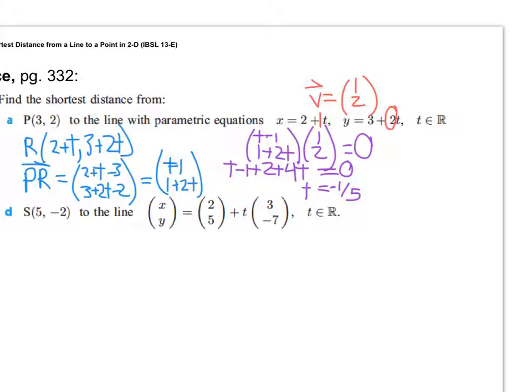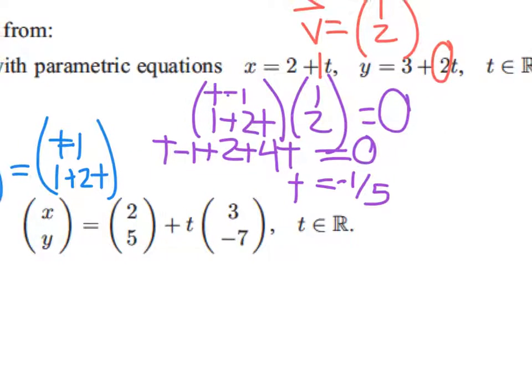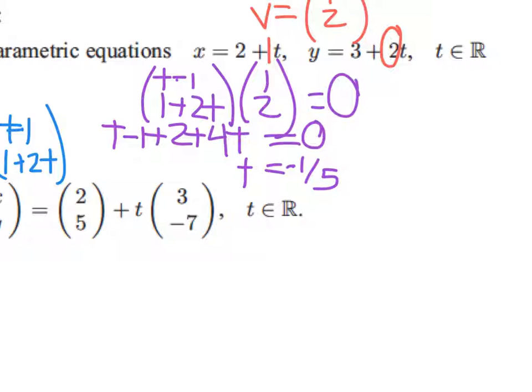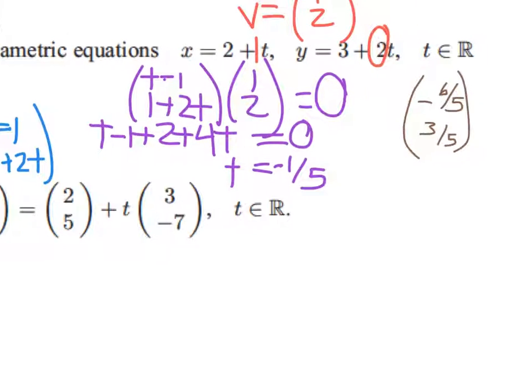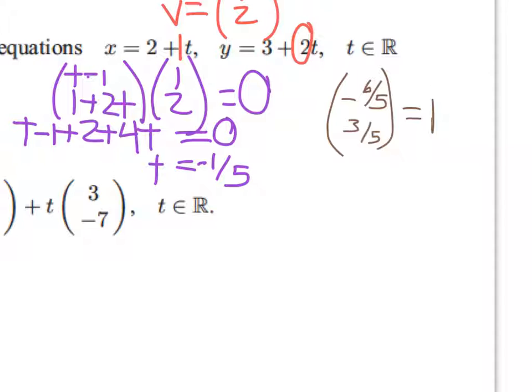So I've got to plug t into PR. Now I know that if t is negative 1/5, I've got negative 1/5 minus 1. I said half, it should be negative 1/5. So it'll be a negative 6/5. And 1 minus 2/5 is 3/5. That's our vector PR.